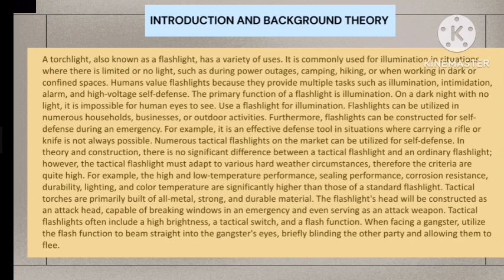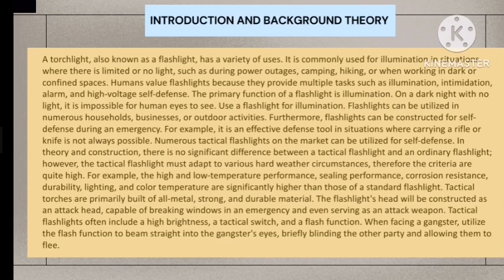In theory and construction, there is no significant difference between a tactical flashlight and an ordinary flashlight. However, the tactical flashlight must adapt to various harsh weather circumstances, therefore the criteria are quite high.